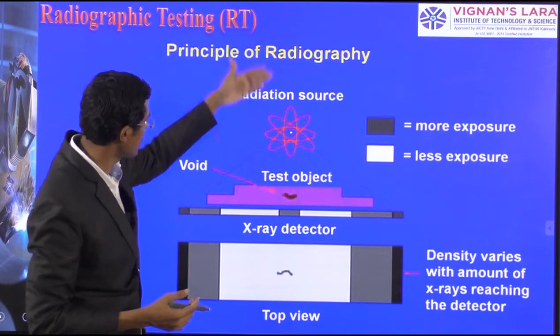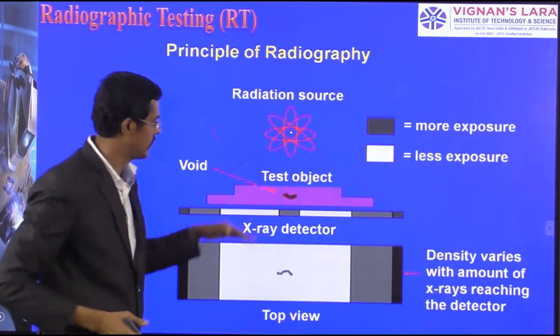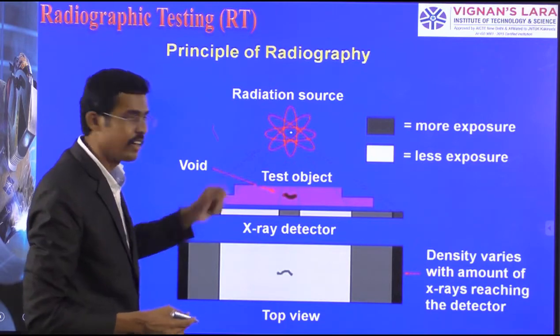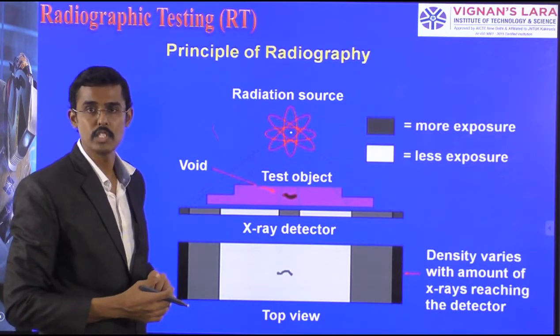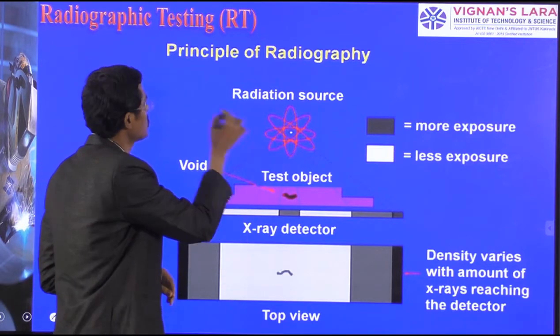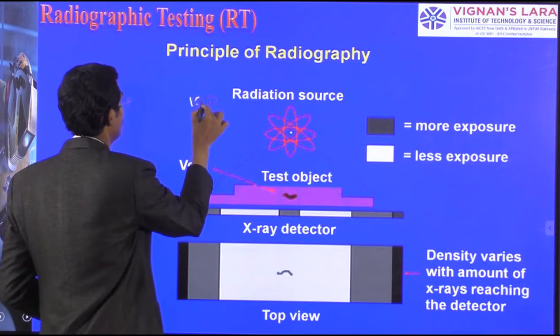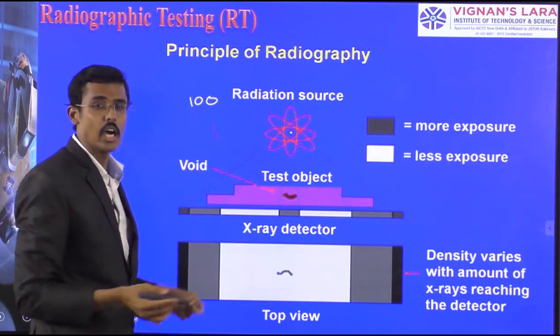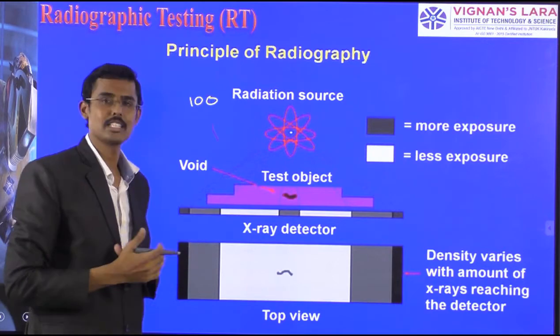I am supplying the radiations from top to bottom and I am having the film at the bottom. Therefore, when the thickness is large, of the radiation which is passed as 100%, 80% will be absorbed by the large thickness specimen.